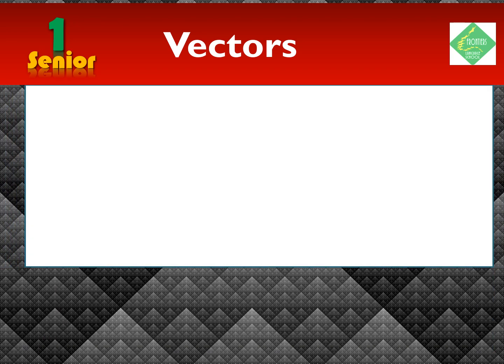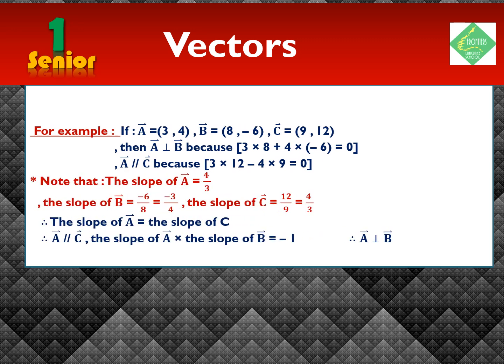Let's take an example to understand this point. If A is (3, 4), B is (8, negative 6) and C is (9, 12), you want to check A perpendicular to B. So you will multiply x1 by x2 plus multiply y1 by y2.